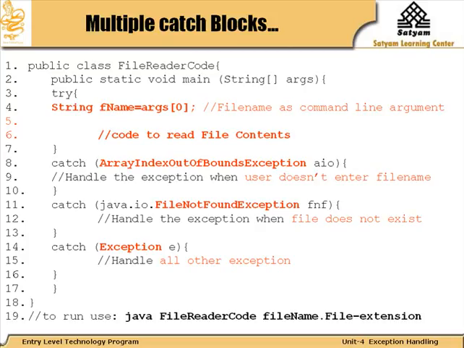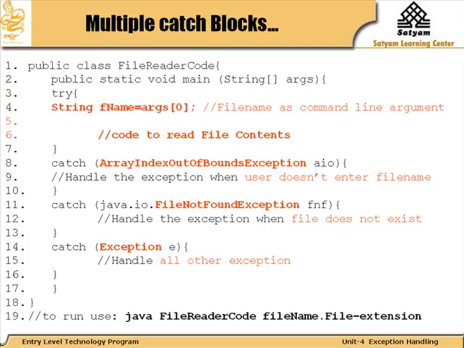As discussed in the previous slide, if you try placing the generic handler at line 14 to 16 before the array index handler, the compiler would throw a compile time error saying the exception has already been caught. This is because the JVM looks for the first catch block which can hold the exception object thrown due to an abnormal condition, and therefore, the later blocks would not be reached.